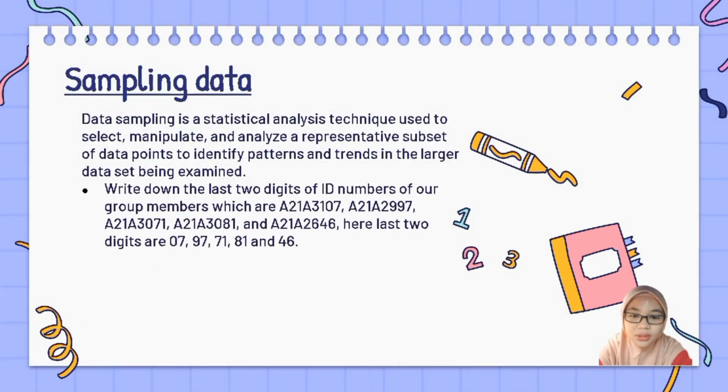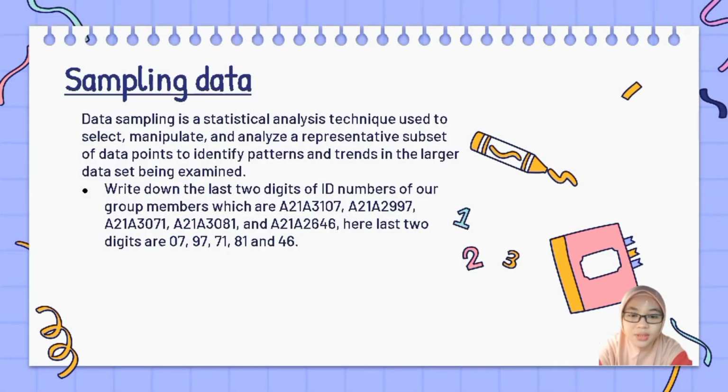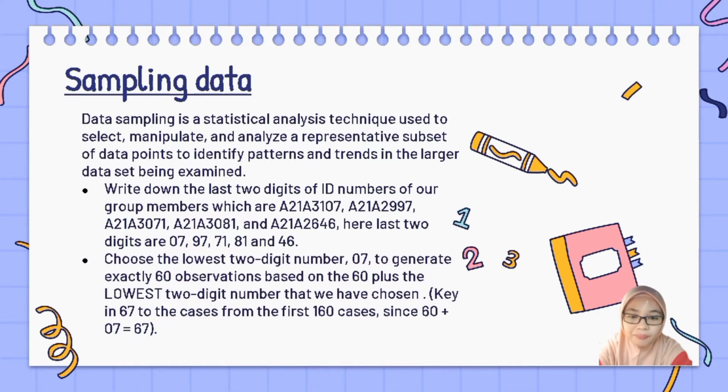First, write down the last 2 digits of the ID numbers of our group members, which are A21A3107, A21A2997, A21A3071, A21A3081, and A21A2646. Here, the last 2 digits are 07, 97, 71, 81, and 46.